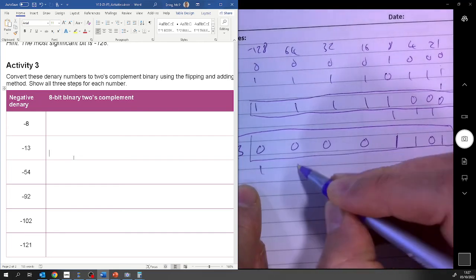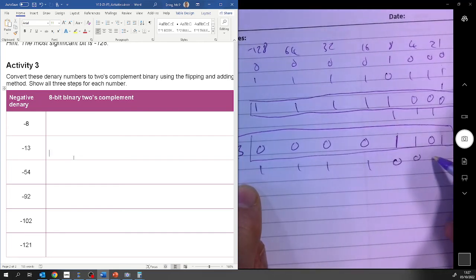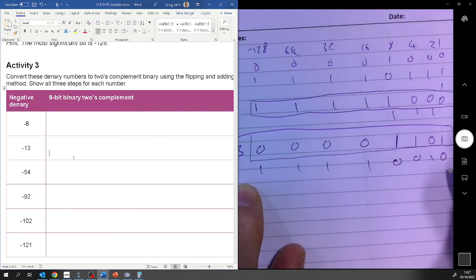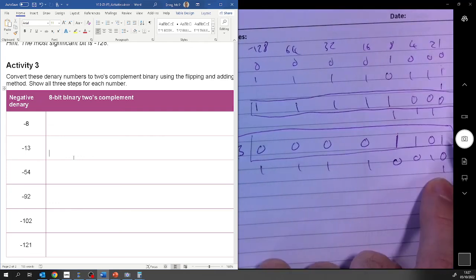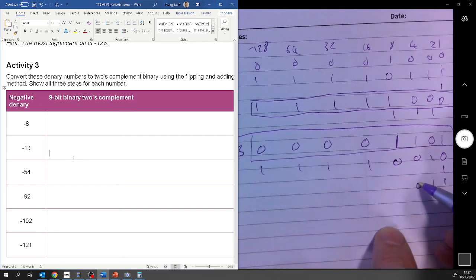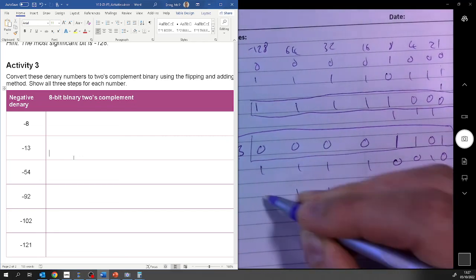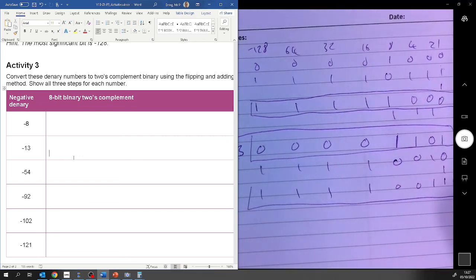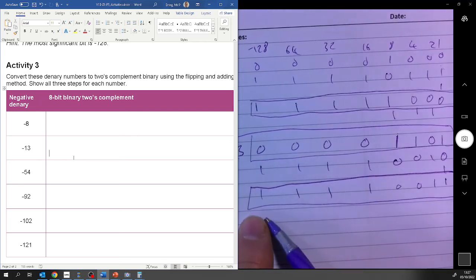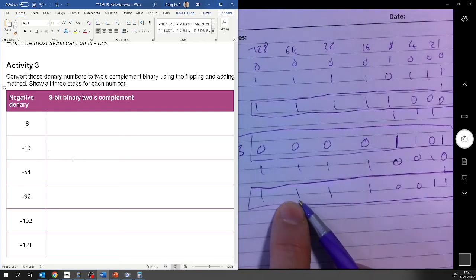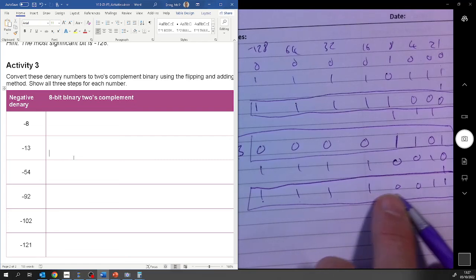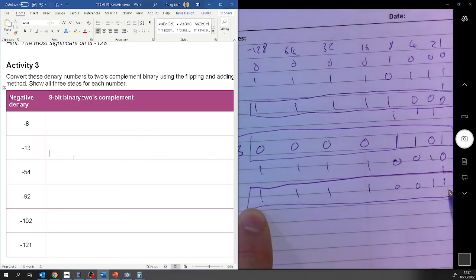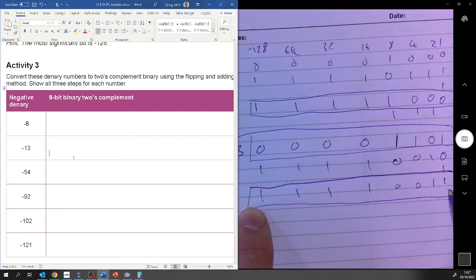Invert the bits. And add 1. This time adding 1 is nice and easy. 1 plus 0 is 1, and then it's just the same. And that should be our answer, and you can check it if you want. Minus 128, plus 64, plus 32, plus 16, plus 2 plus 1. If we've done it right, that will be minus 13. It's pretty magical.